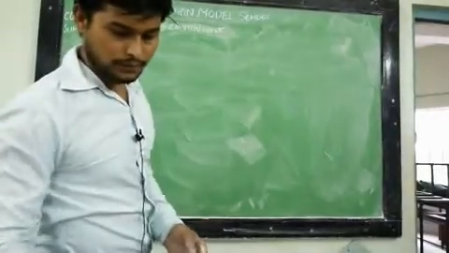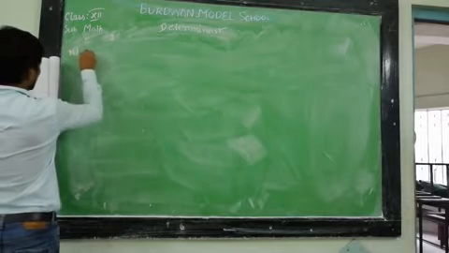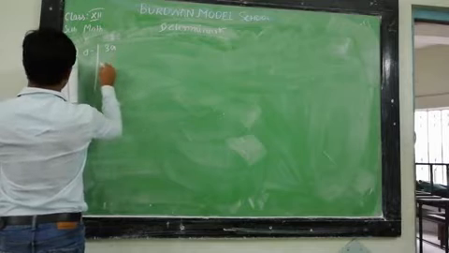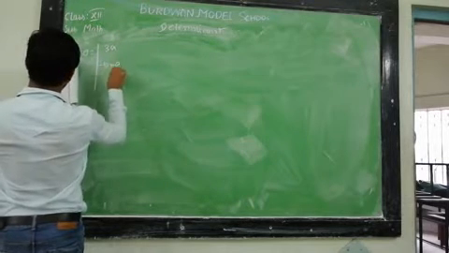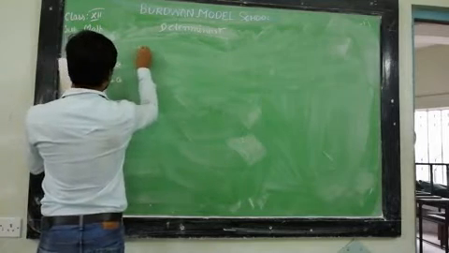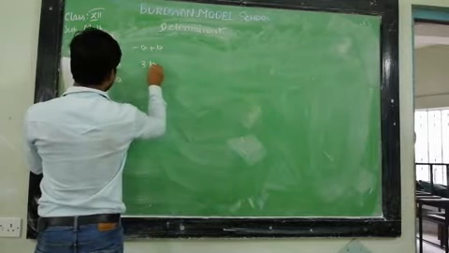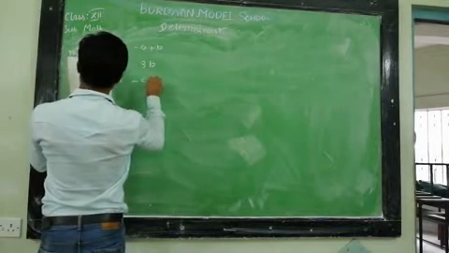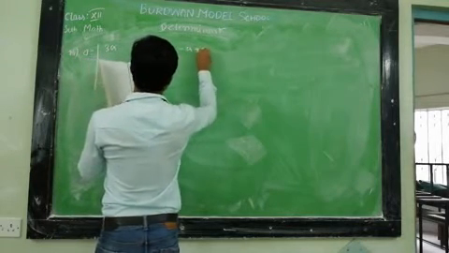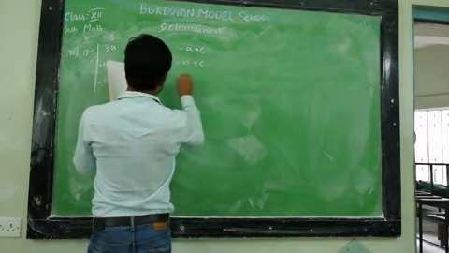Question number 13 is, let delta equal to 3a, minus b plus a, minus c plus a; minus a plus b, 3b, minus c plus b; minus a plus c, minus b plus c, and 3c.